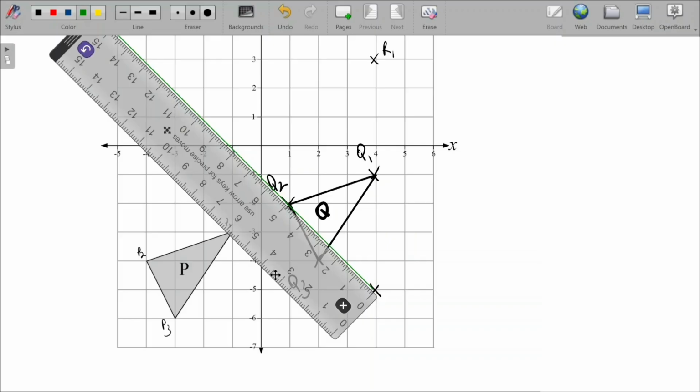From the center of enlargement to Q2 is about 5 centimeters, or 4.9 centimeters. And since it's an enlargement by a scale factor of 2, it will be 5 times 2. R2 will be 10 centimeters away from the center of enlargement.